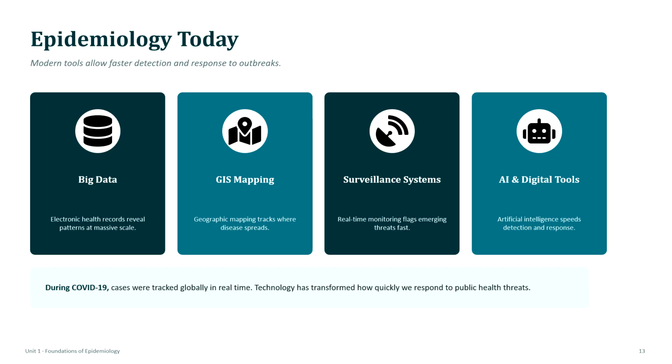Real-time surveillance systems flag emerging threats within days or even hours rather than weeks, and artificial intelligence is increasingly used to detect unusual patterns in data faster than any human team could manage alone.